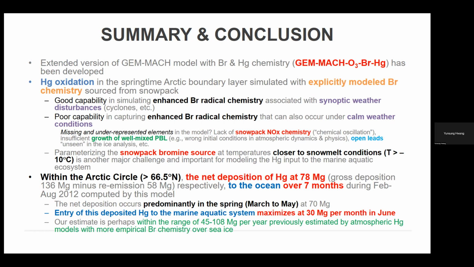But most of this deposition is once trapped in the snowpack, and final entry to the marine aquatic system is maximizing in June when the snowmelt occurs across the wide region of the Arctic. And our estimate, the 78 megagram over the 7 months, is within the previous estimate between 45 and 108 per year, which has been previously estimated by the empirical parameterization of bromine chemistry.